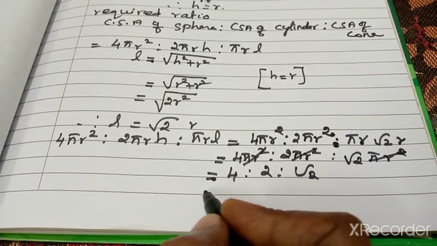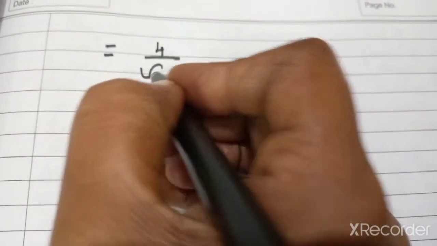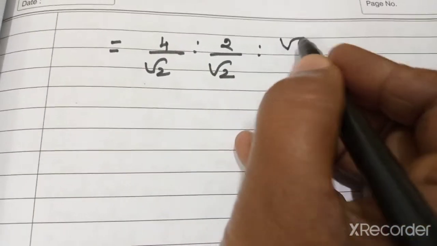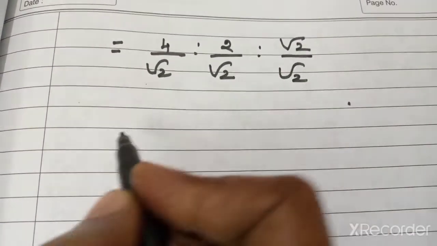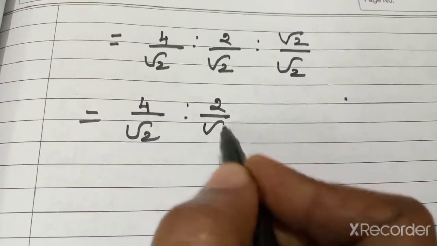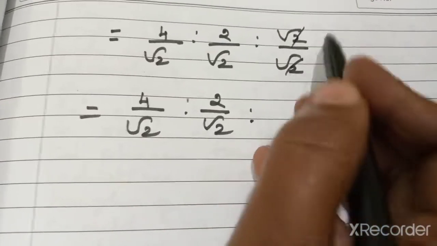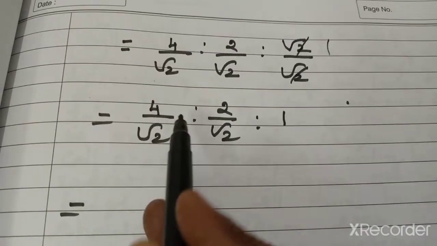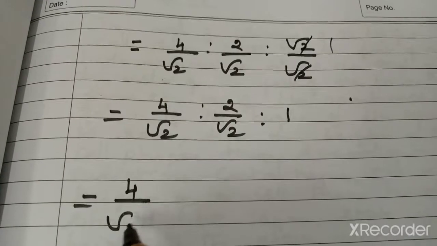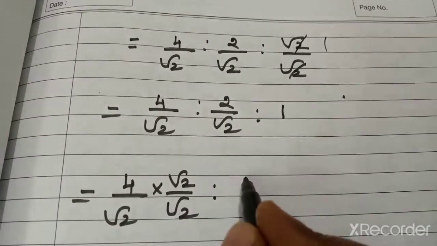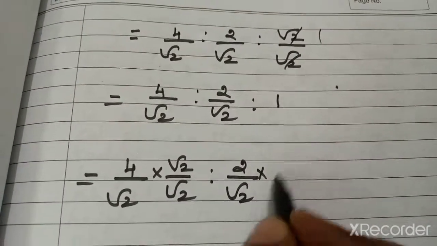What we get is 4 by root 2 is to 2 by root 2 is to root 2 by root 2, which is 1. Now for both terms we have to multiply by the conjugate of the denominator. 4 by root 2 into root 2 by root 2 is to 2 by root 2 into root 2 by root 2 is to 1. The conjugate of root 2 is root 2.